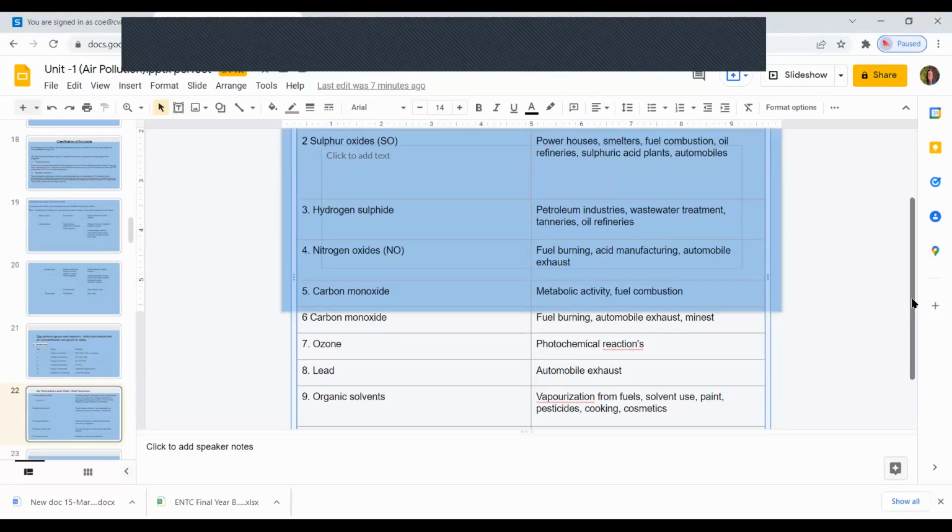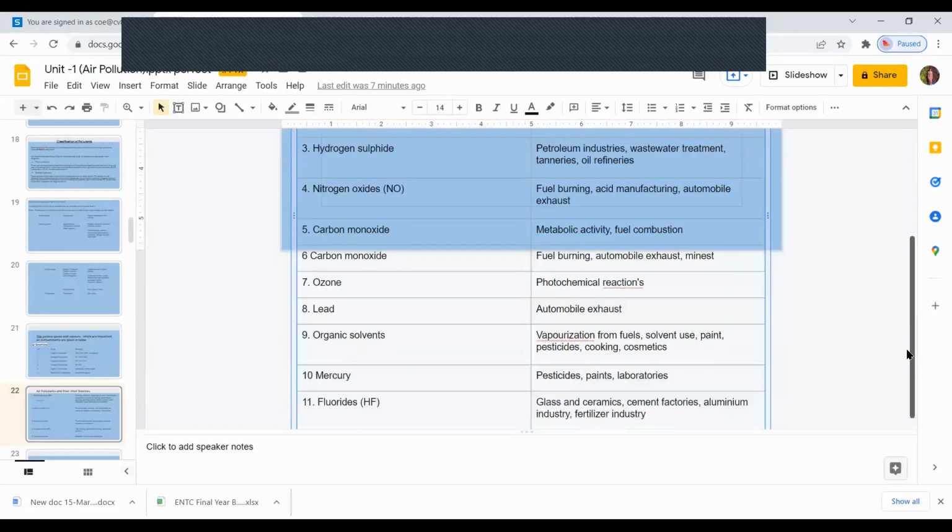Please note down in your book. Note down that point.